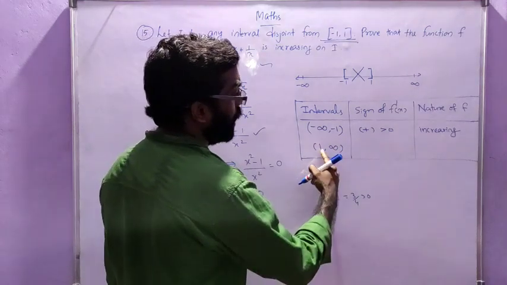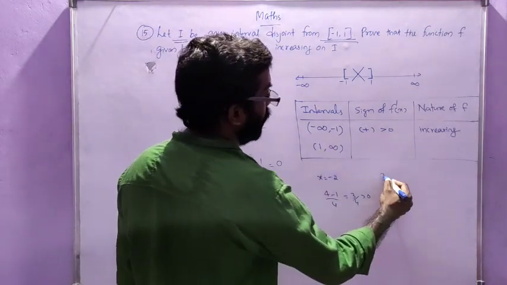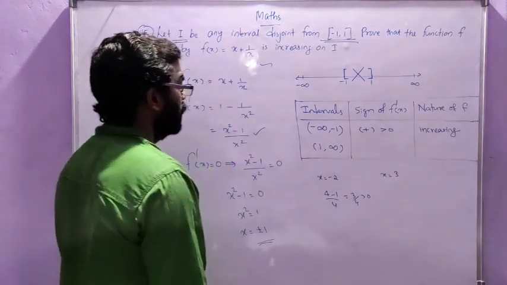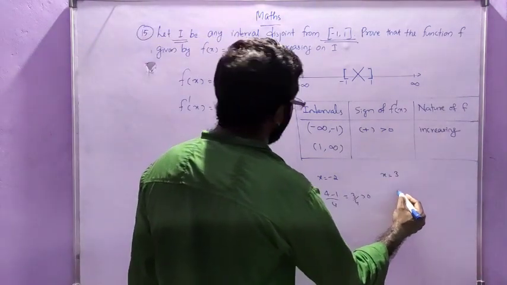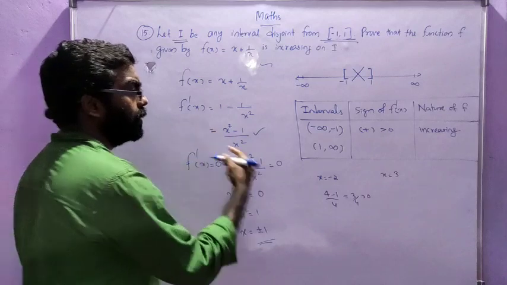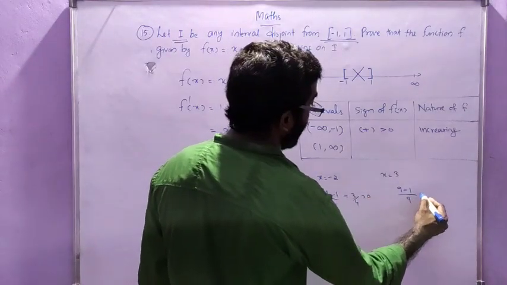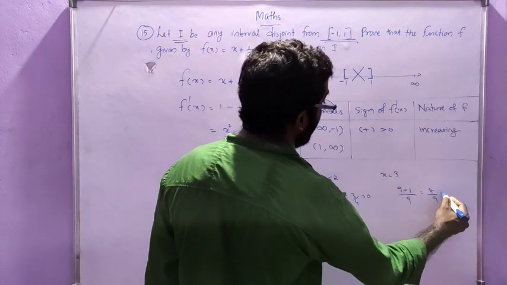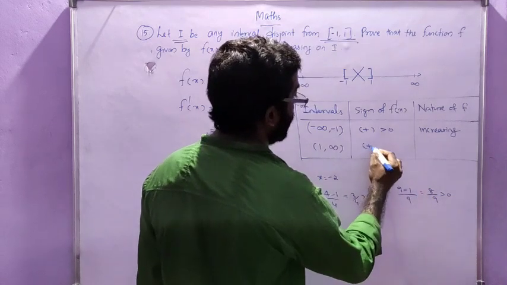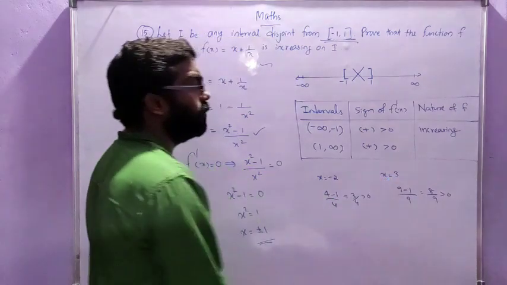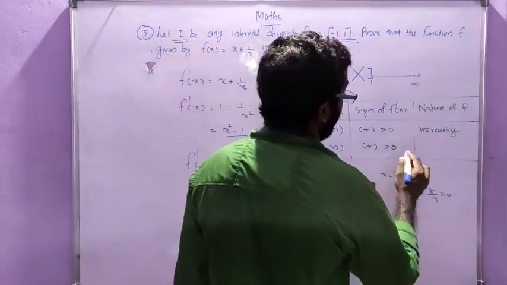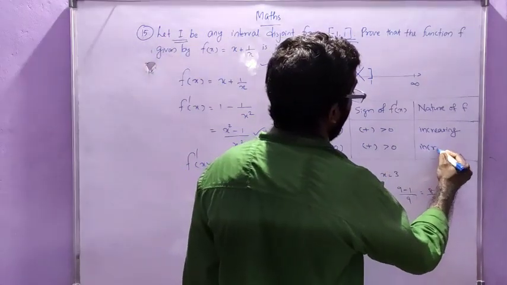So we can take one value which is more than 1. Let it be 3, x equal to 3. So here f dash of x is x square minus 1 divided by x square, 3 square is 9, 9 minus 1 divided by 9. So 8 by 9, which is also greater than 0. So positive. You can take any number and check. So here also the function is increasing.